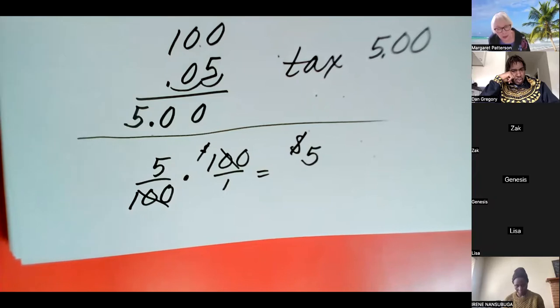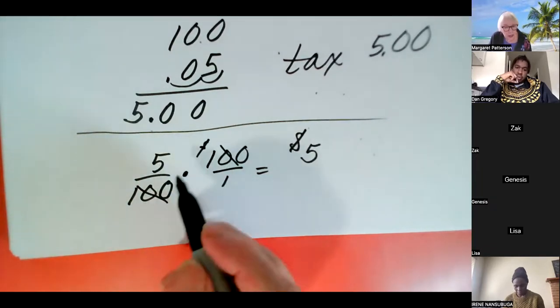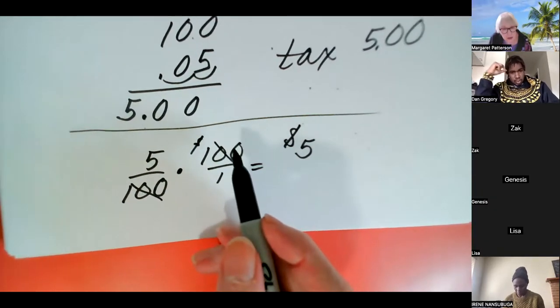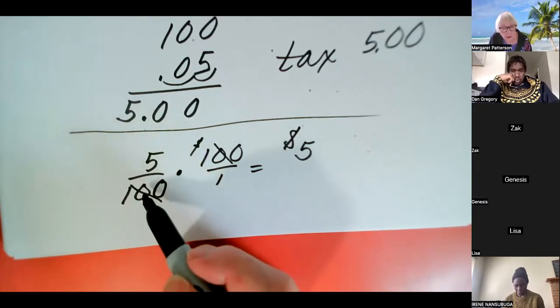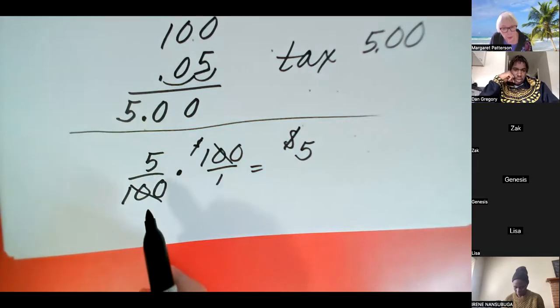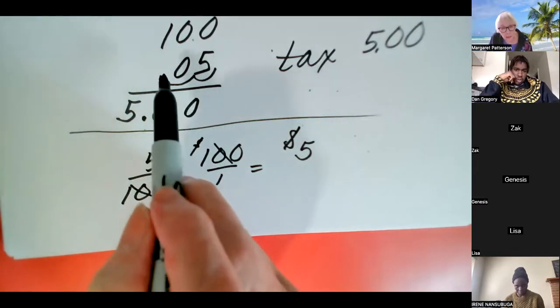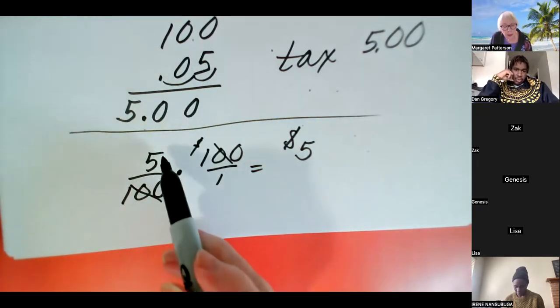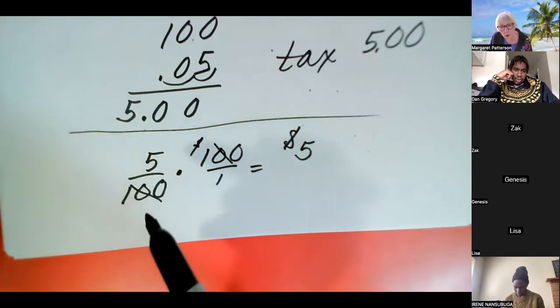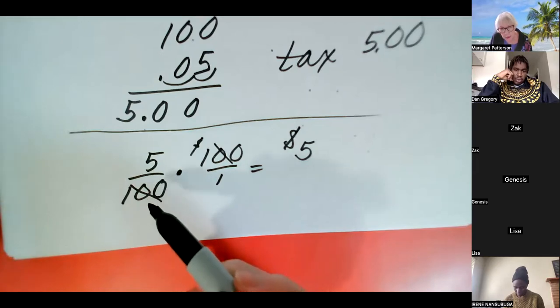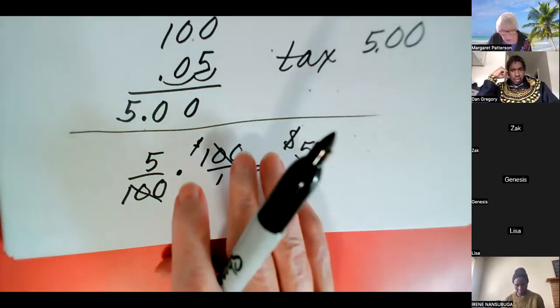That's your tax. So in this particular case, fractions sometimes are more problem than they're worth. But in this case, it didn't matter which way you did it, multiplying by 0.05 or recognizing 5% is really 5 over 100. So I want you to start to see that.